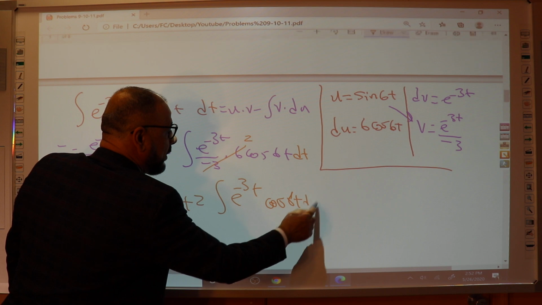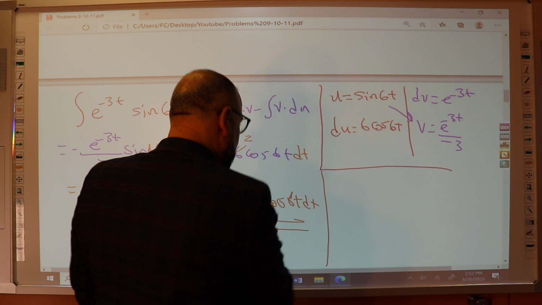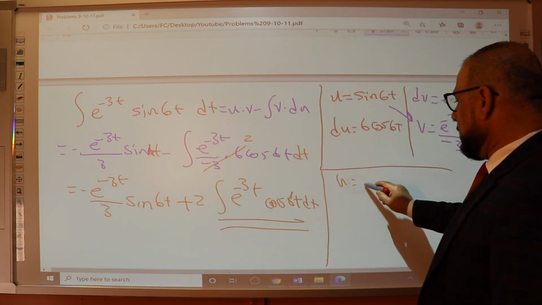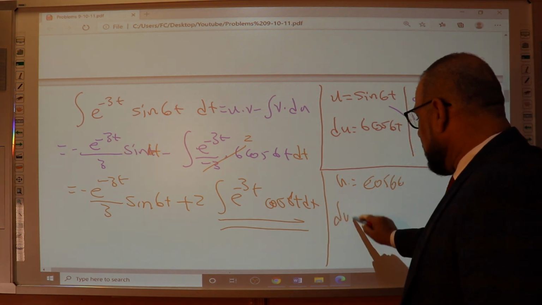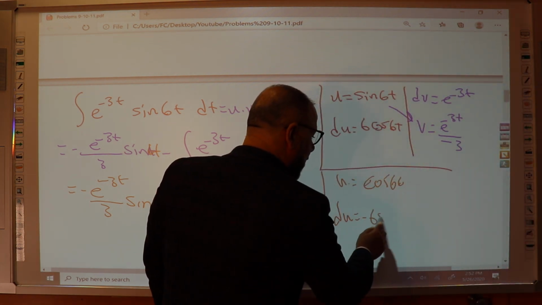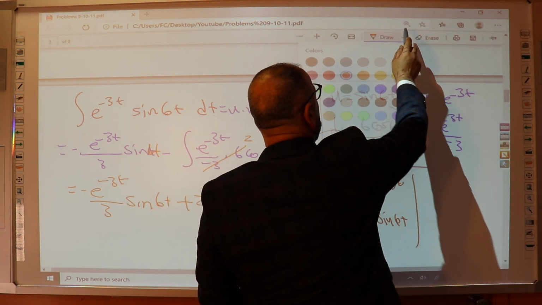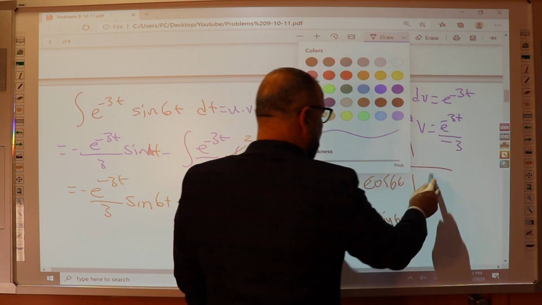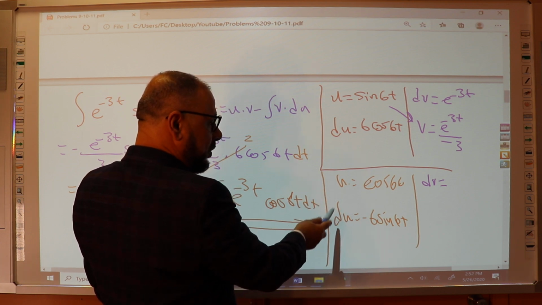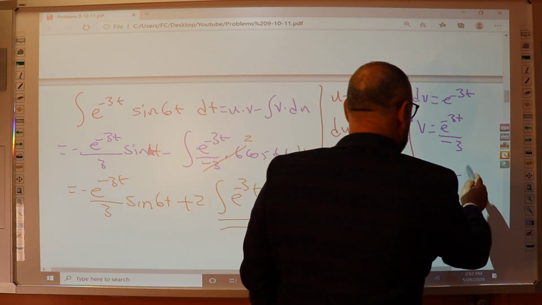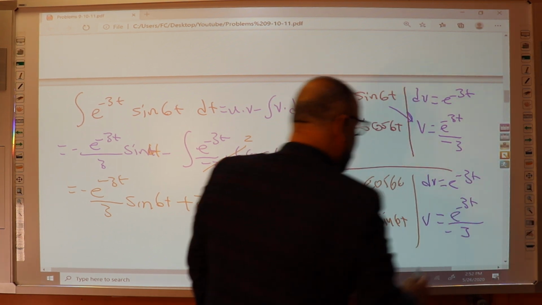Again, I'm going to do uv here for this guy. u equal what? Cosine 6t, du equal negative 6 sine 6t, right? And dv equal how much? e to the negative 3t. v equal e to the negative 3t over negative 3.